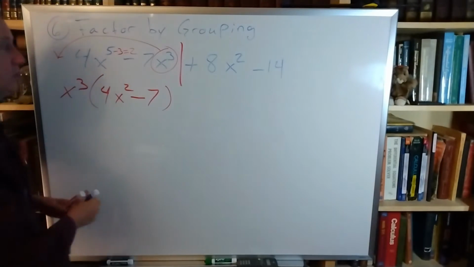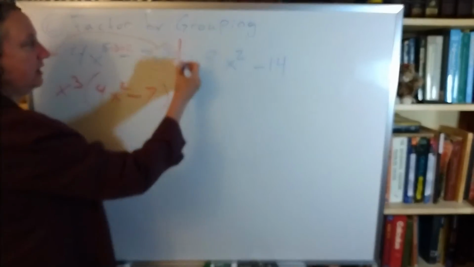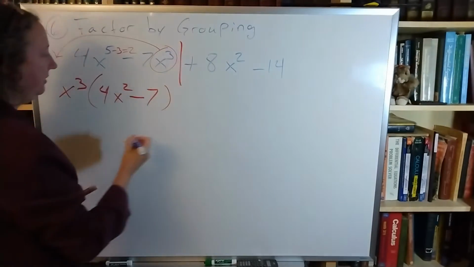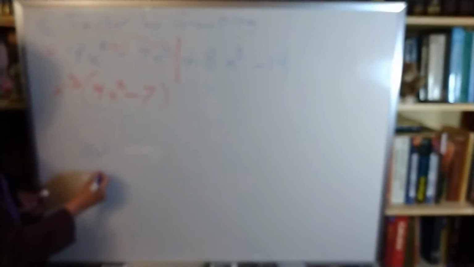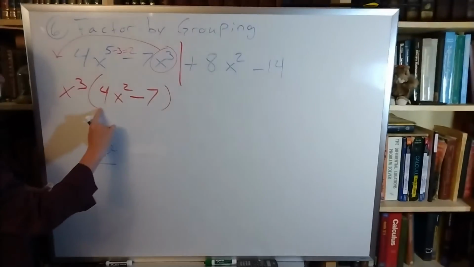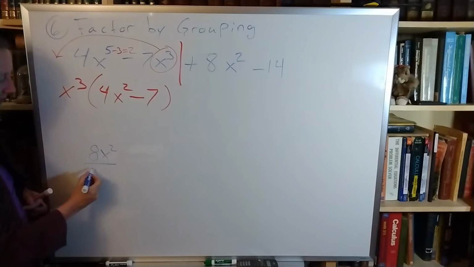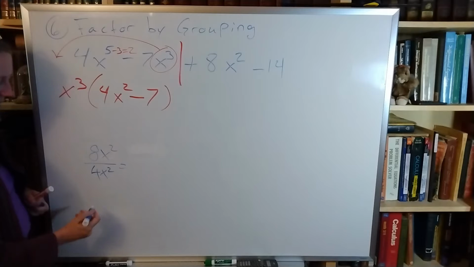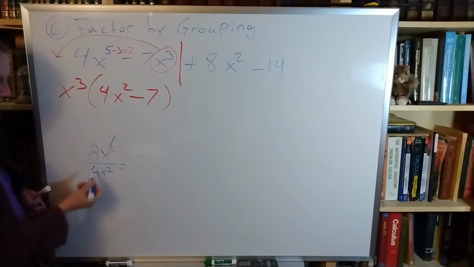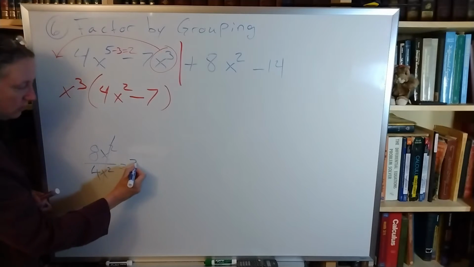Then I'm going to use my shortcut, which means I take my first term of my second set, 8x squared, and I'm dividing it by my first term there, 4x squared. I see the x squareds cancel out, and I have 8 divided by 4, which gives me 2.